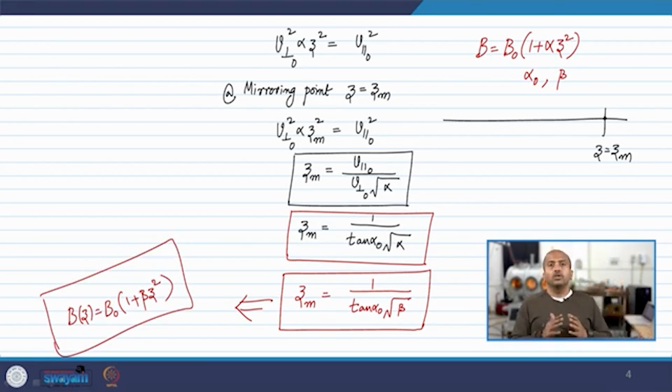But the concept that we have learned by solving this example is that the moment the particle picks up from z equal to 0, the magnitudes of the parallel and perpendicular components of the velocity, and the angle at which the particle shoots into the magnetic field, will decide whether the particle is going to be trapped or not.